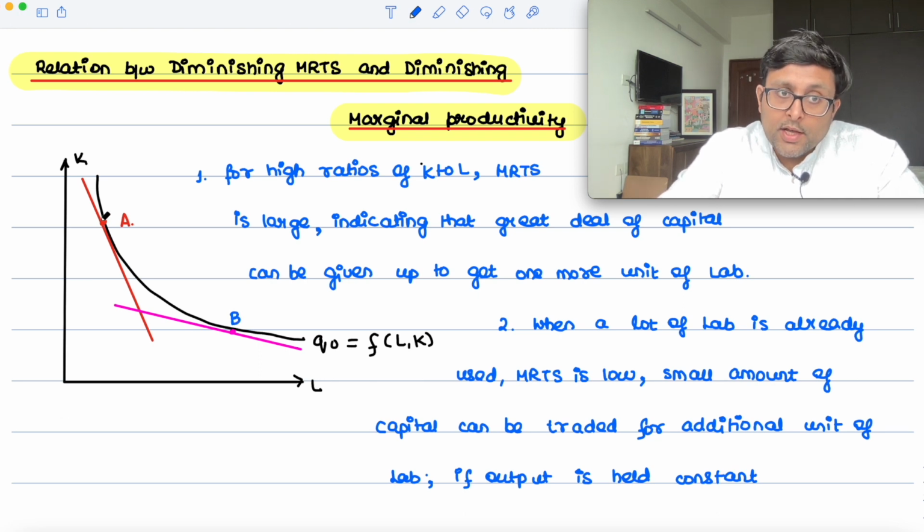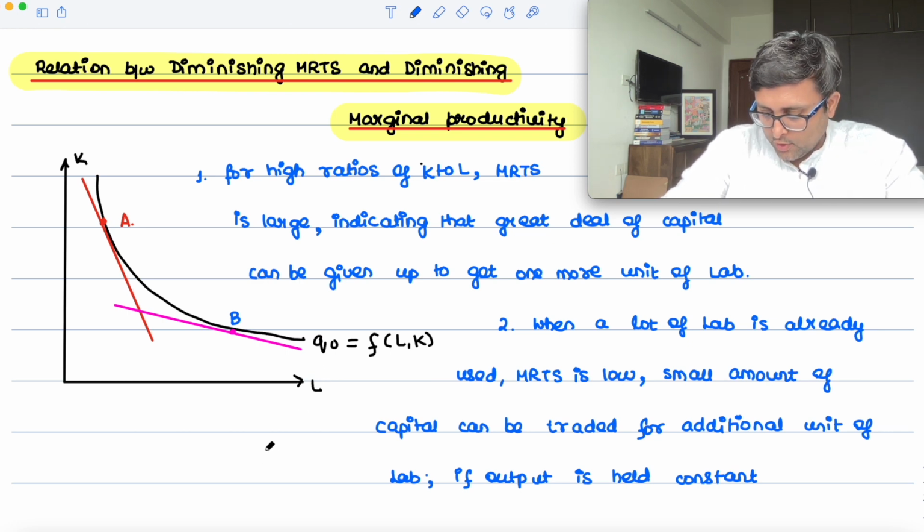So here MRTS is high, here MRTS is low. So as you move down and right along an isoquant, you'll find that MRTS is falling.